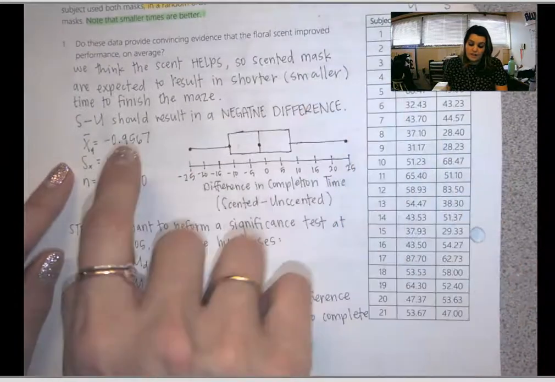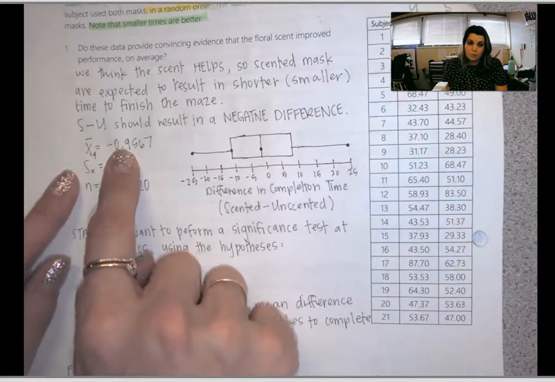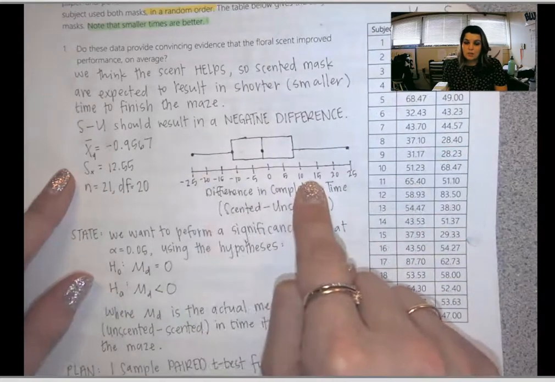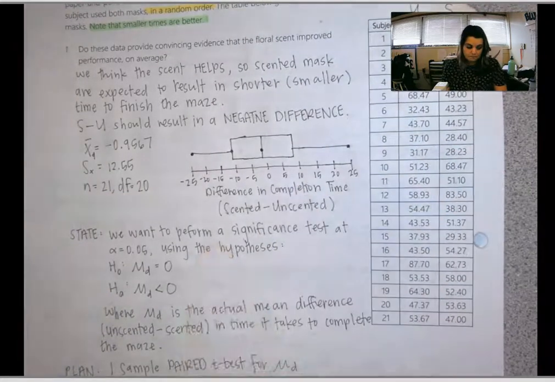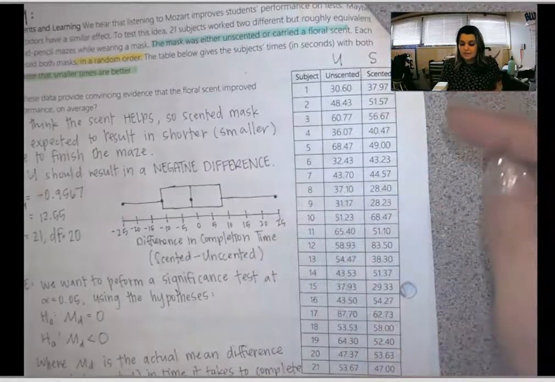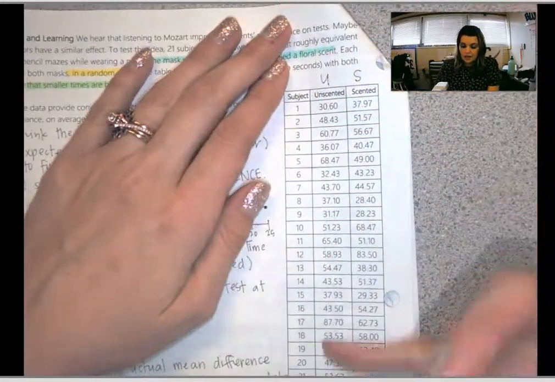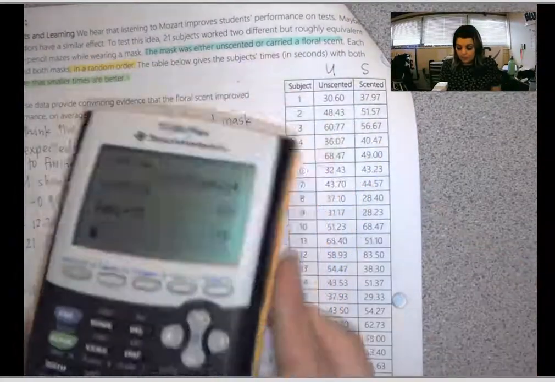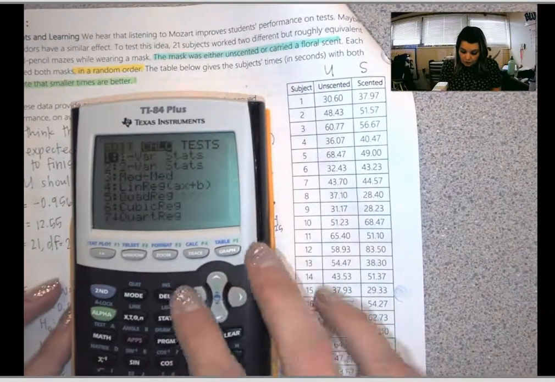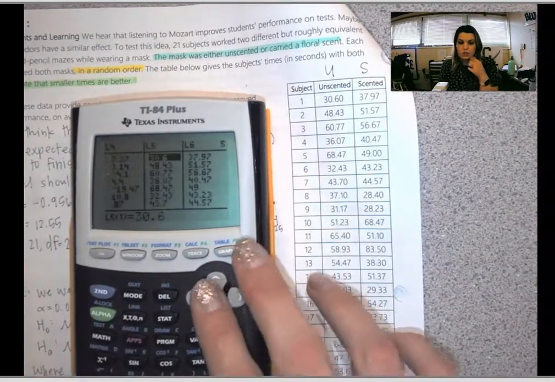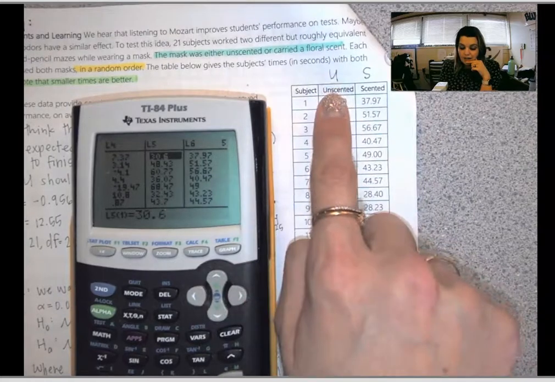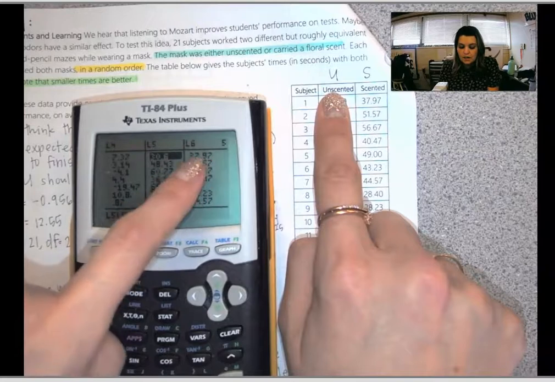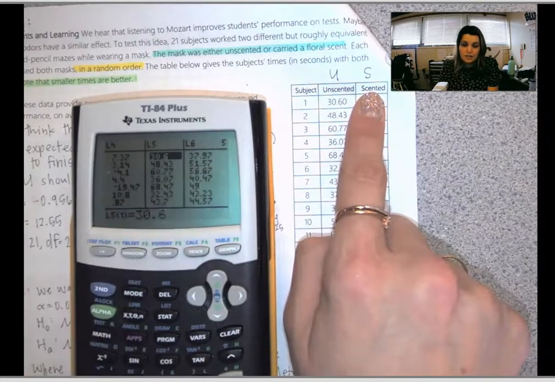So the other thing that I knew that I would need to pull is my sample statistics, and I knew that I was going to need to graph the sample data. To do that, I decided to enter in both of these lists. So one way you could get the differences is if you go to your list, you can see in mine that I have the unscented values in list 5, and I have the scented values in list 6.